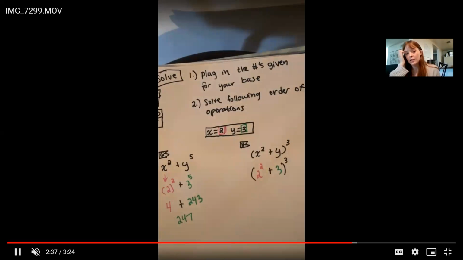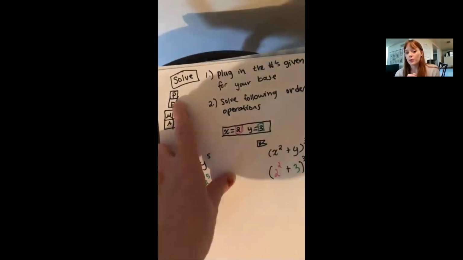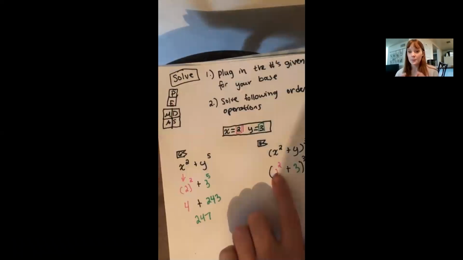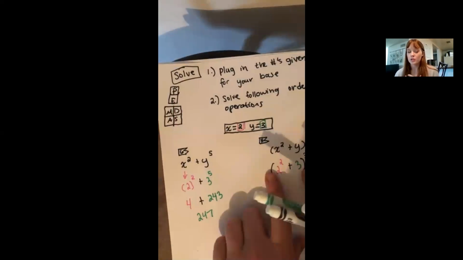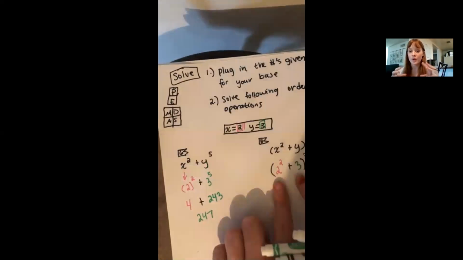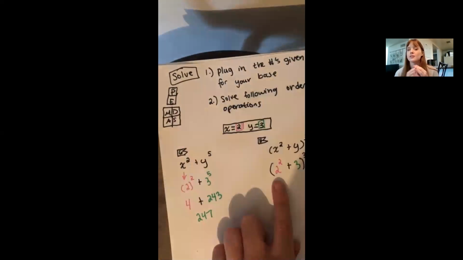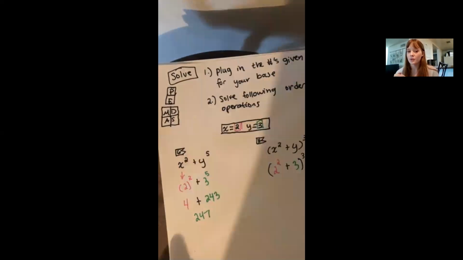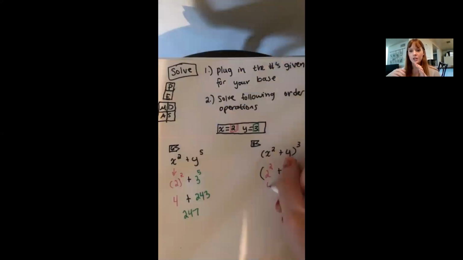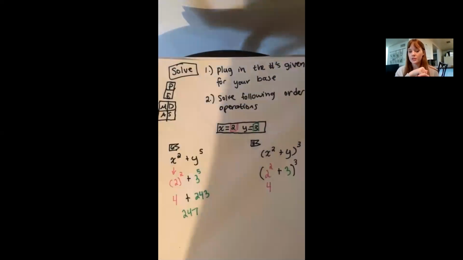Now we follow the order of operations again. This one can get tricky. Yes, we have to do parentheses first, but within the parentheses, I see exponents and addition. Which do you think we're going to have to do first within the parentheses? It should be exponents, because that is what's first in the order of operations. Once you're inside of the parentheses, you have to re-follow the order of operations.